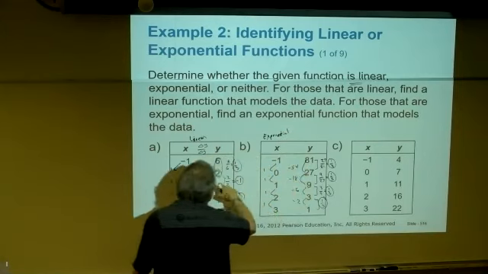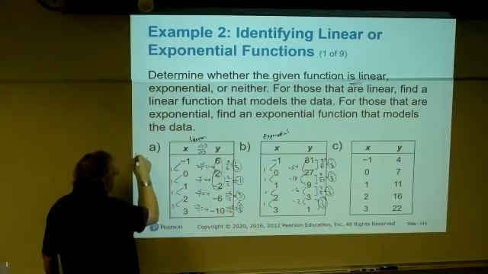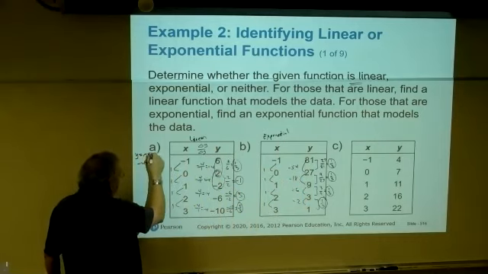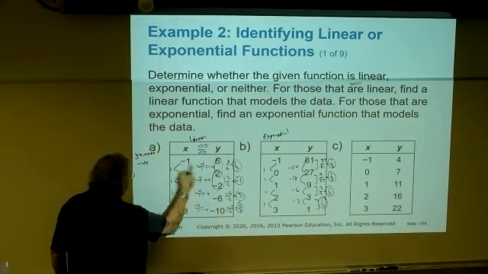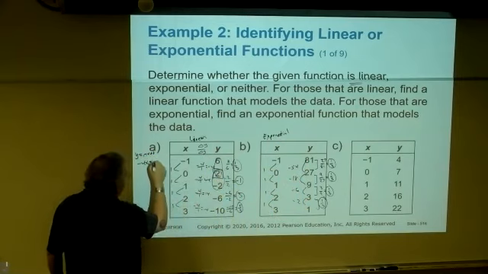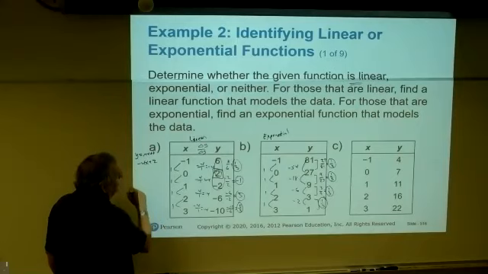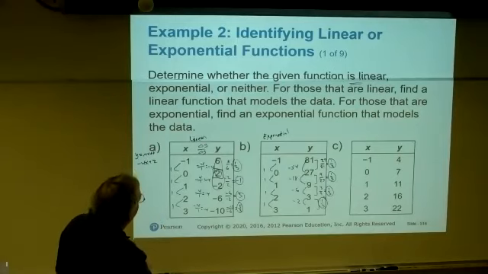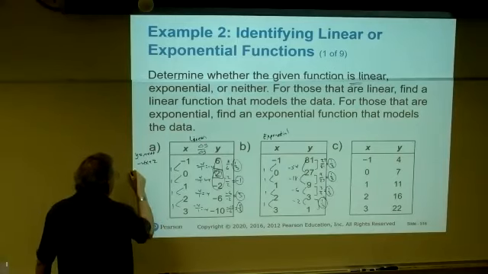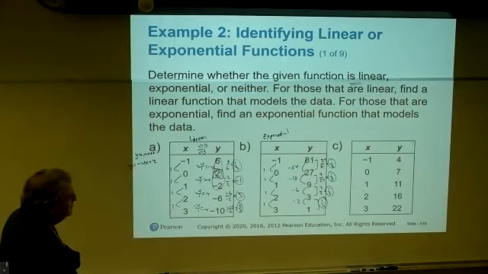With the linear one, the -4 is the slope. So I can write this as y equals mx plus b. The slope is -4. The b value is what it is when x is 0, and that's +2. So this is the function: y equals -4x plus 2.